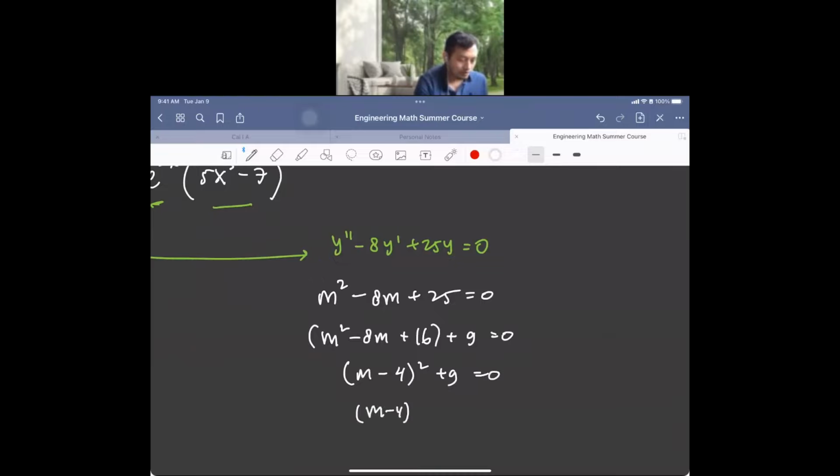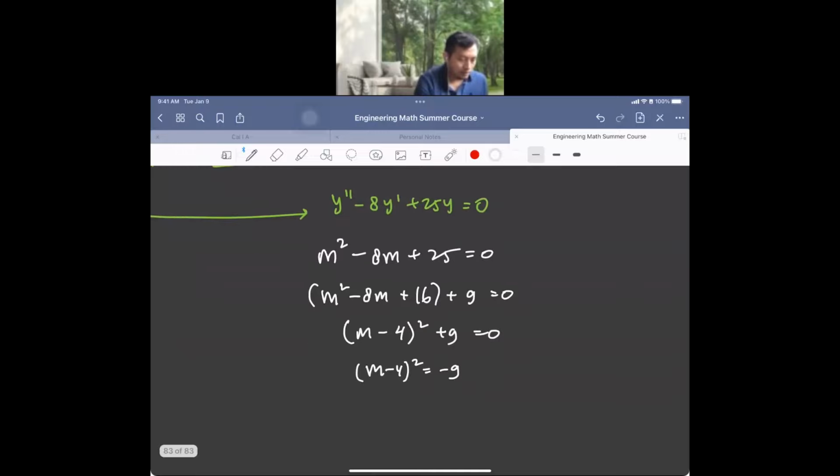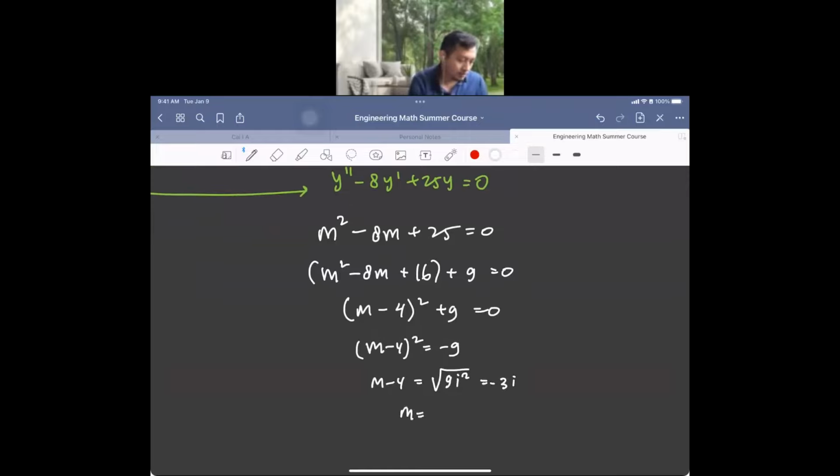So m minus 4, m minus 4 is the square root of 9i, or this will be 3i, right? So m is 4 plus or minus 3i.